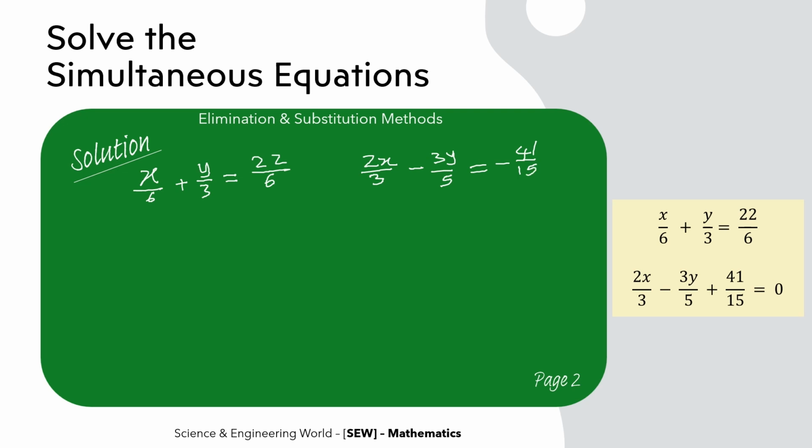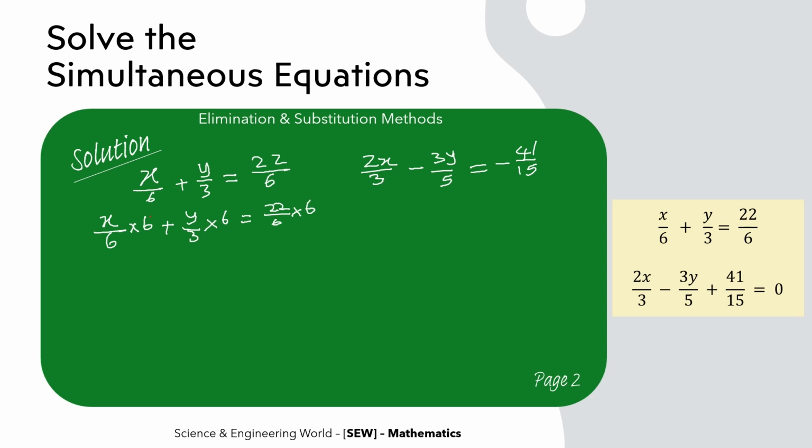We can eliminate the denominators for both of them by looking for the common factors. Now for this first one, the common factor will be 6, so we're going to write x over 6 multiplied by 6 plus y over 3 multiplied by 6 to be equal to 22 over 6 multiplied by 6.